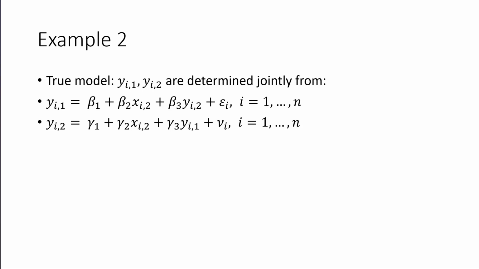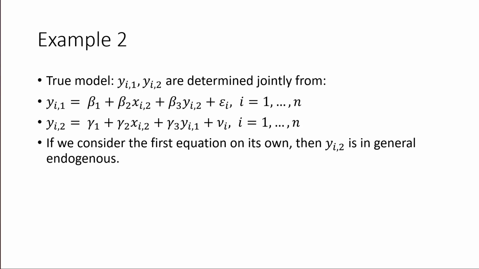So the problem here is that when we consider the first equation, the one determining y1, then y2 will in general be endogenous. The reason for this is that y1 and y2 will both be correlated with both of the error terms, both epsilon i and nu i, and that will make y2 correlated with epsilon i in the first model, therefore endogenous.